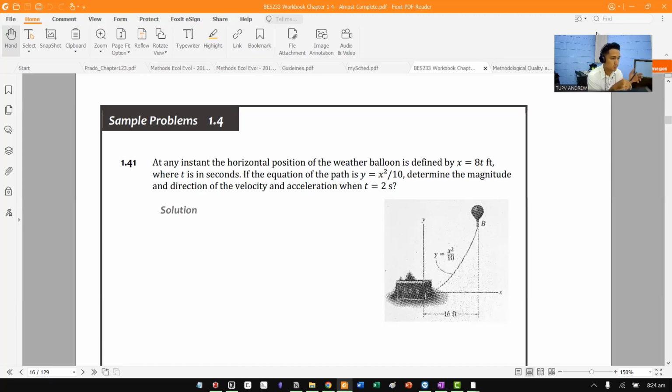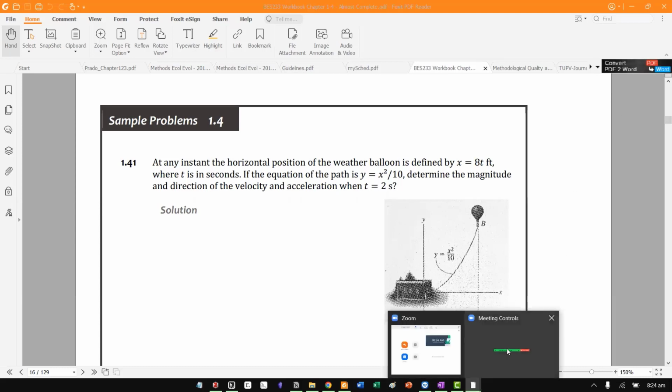So using these two equations, we can still find the y function, the displacement y in terms of time. And then once we have x and y as a function of time, then we can derive again to get the velocity and acceleration functions. And then we need to plug in 2 seconds to get the x component and y component of velocity and acceleration.